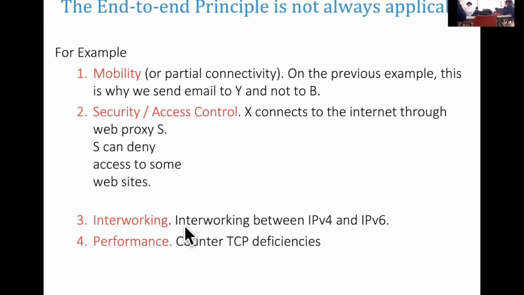And with internet networking, as one of you already asked, we are moving from IPv4 to IPv6, but not all devices support IPv4, IPv6, or both. Some of them are only IPv4, some of them only IPv6. So you might have a connection that cannot be done only in IPv6. You do it partly in IPv4, you break it here, and you do another connection in IPv6. That's the internet networking.